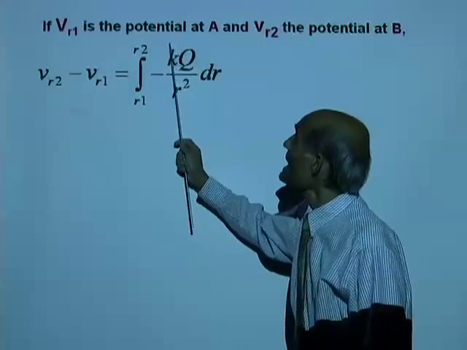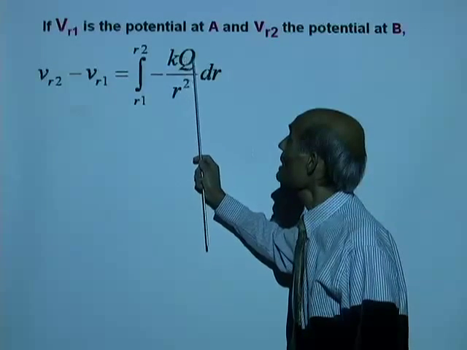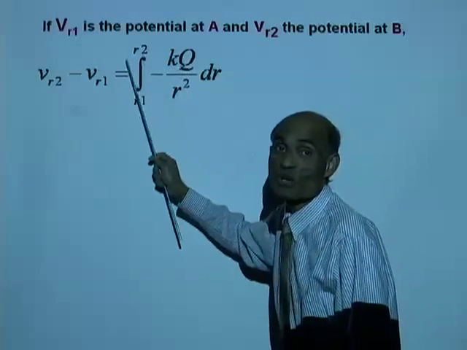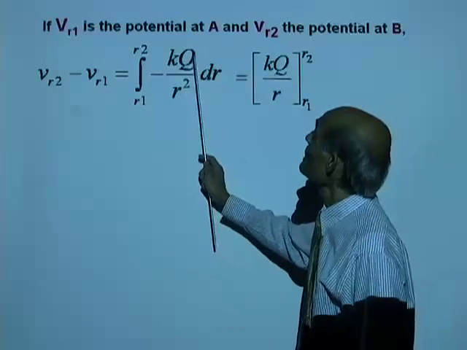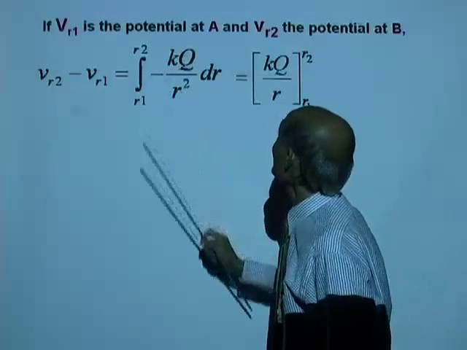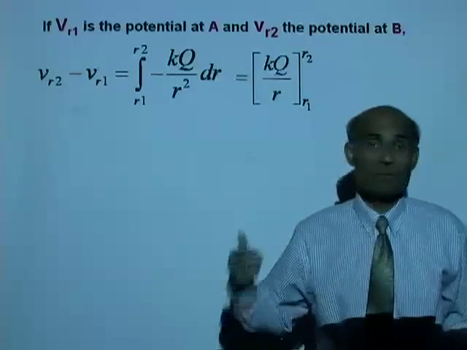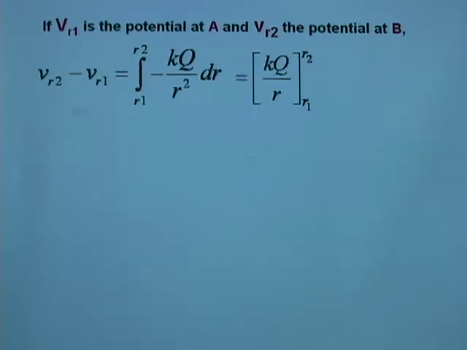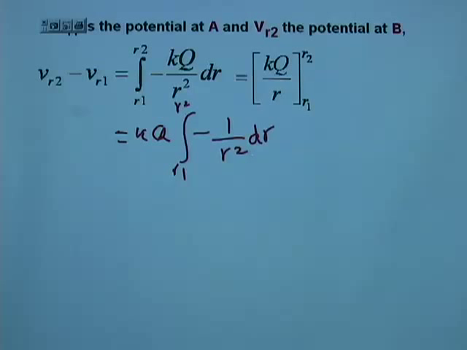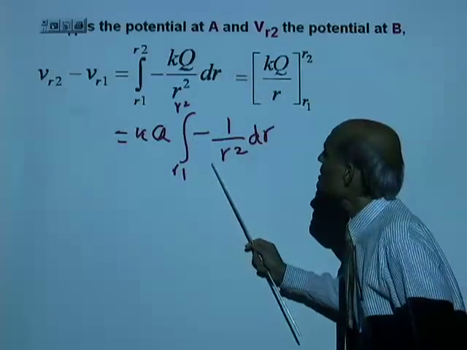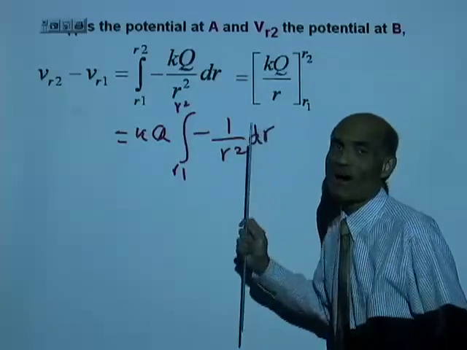Alright, now K is a constant, is that right? And Q is a constant, we can take them out. So that will be KQ times integral, well, let me write that step for you. That will be equal to KQ times integral R1 to R2 of negative 1 over R squared dr. Now, what is the integral of negative 1 over R squared dr?